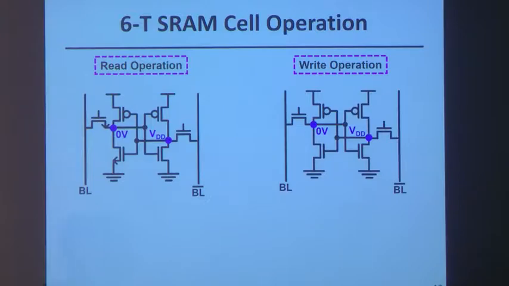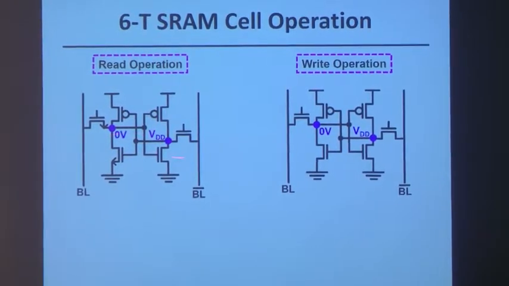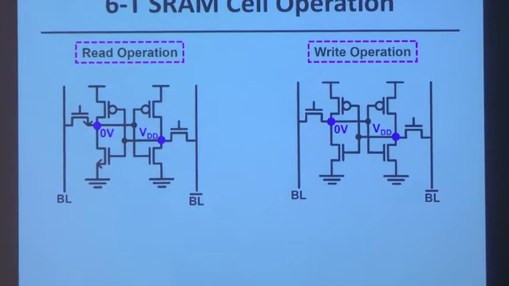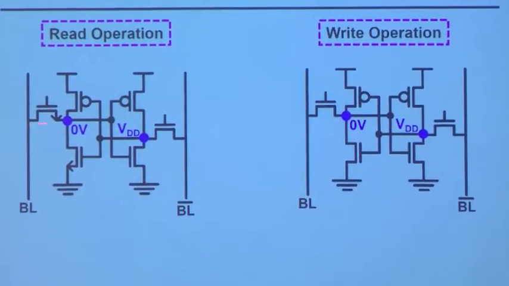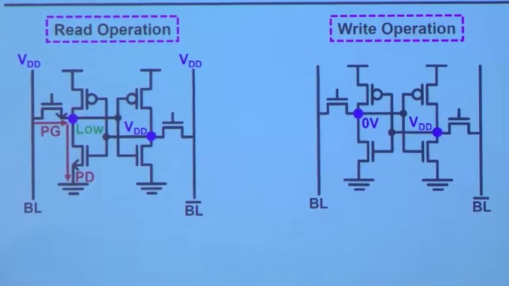So let me explain why. Let me just explain how you read and write information into an SRAM cell. You have two inverters here storing high and low voltage in either of the storage nodes. And you access the information through these pass gate devices. So when you read, as I mentioned before, you pre-charge the bit lines high.